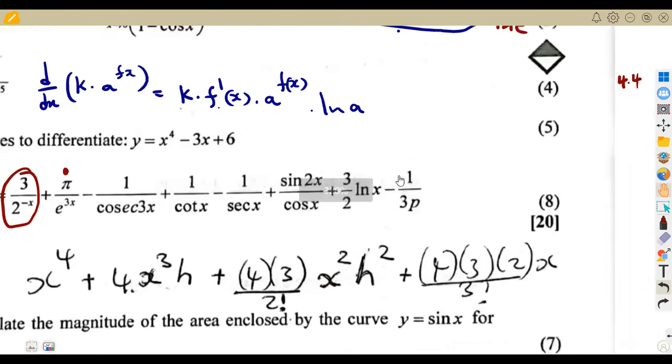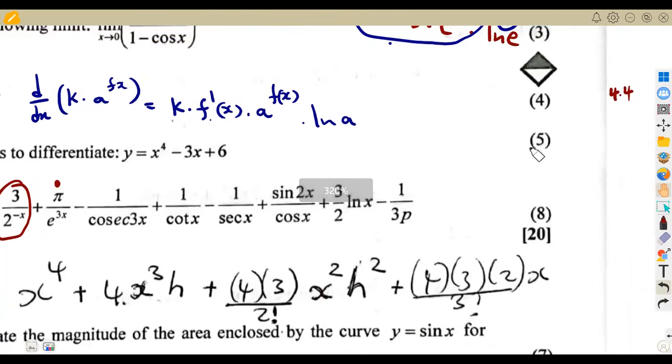The other part, we have got minus 1 over cosec 3x. All right, so the first thing is 1 over cosec. What is it that we obtained? Remember, cosec, we obtained it from 1 over sine. This is what we know.